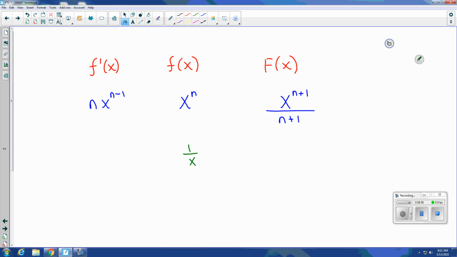You may be inclined to rewrite it as a power function, x to the negative 1. But when you apply this antiderivative rule to the power function, when we add 1, we get x to the 0, and dividing by 0, well, we can't divide by 0. So there's the exception to this rule, where applying it will not reveal the antiderivative.